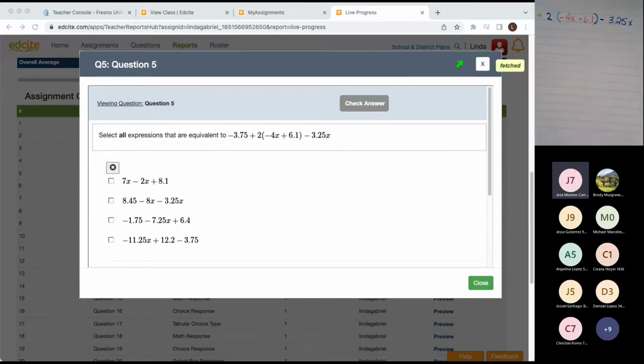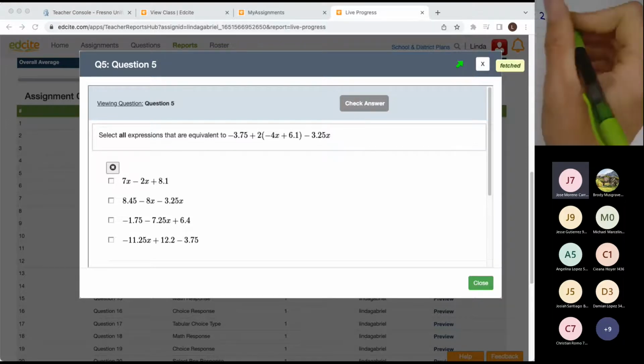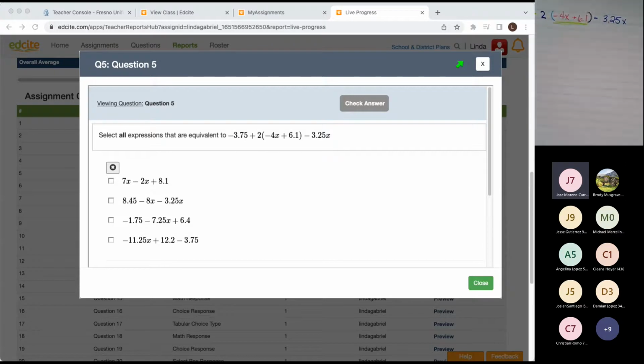Parentheses are first, then exponents, multiplication, division, adding, subtracting. All right, so I have parentheses right there. I have negative 4x plus 6.1.